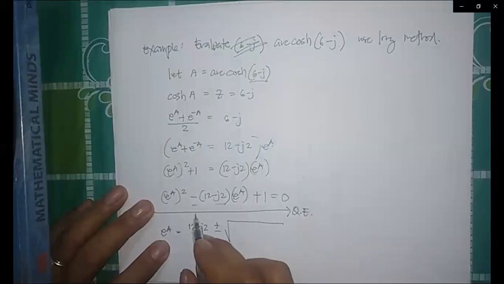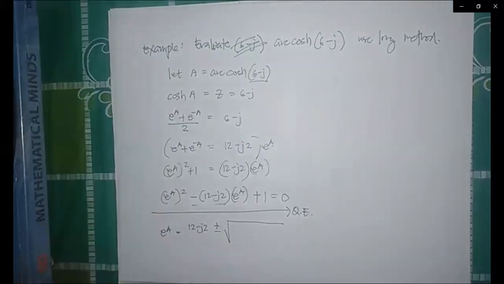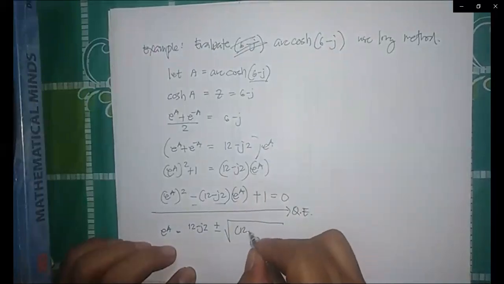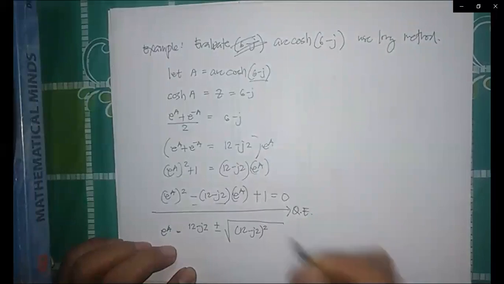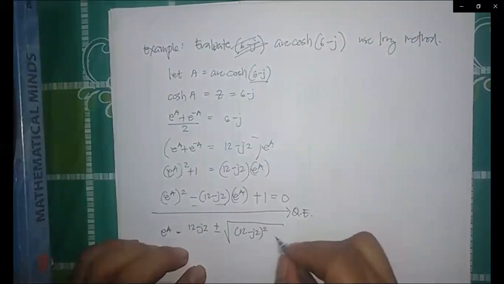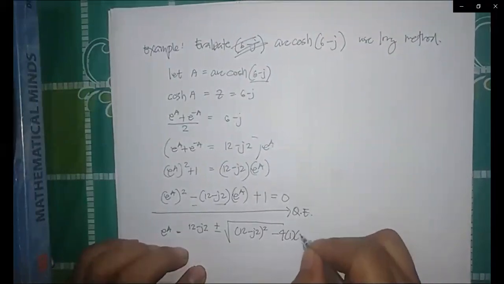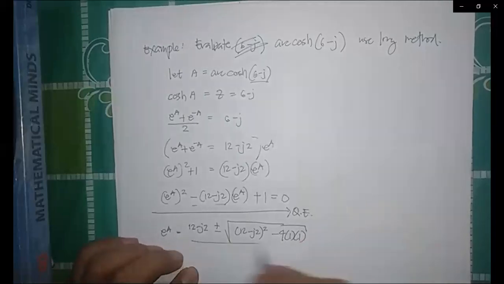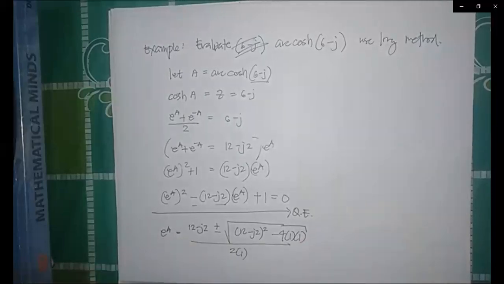Now, if we are going to square b, take note, b is 12 minus j2, now they have a common value of 2. So that is 4 times 1 times 1, that's the value of AC, all over 2a. Now for the terms inside your square root sign, take note, 12 minus j2, they have a common factor of 2.